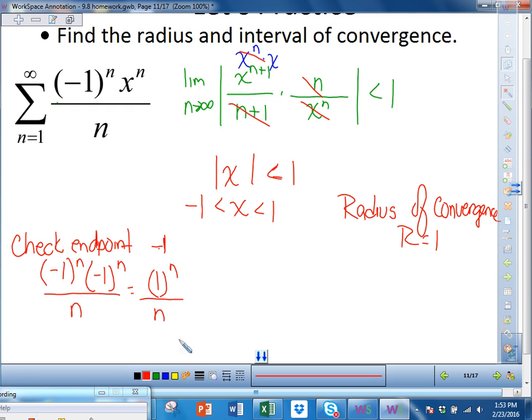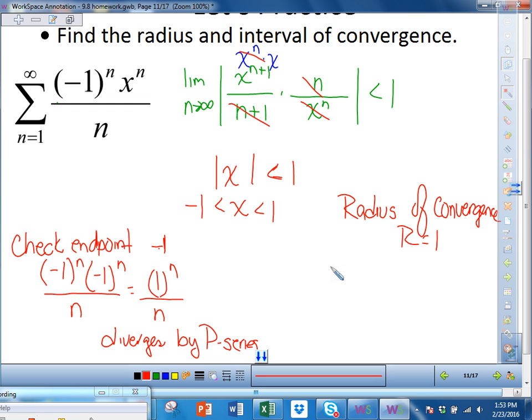That's what I want you to write on the AP exam, because this is one of those stupid thingies. So, why does 1 to the nth over n diverge? It's a p-series. It's just 1 over n. So this diverges by p-series.